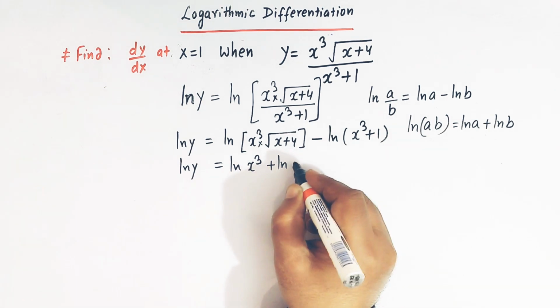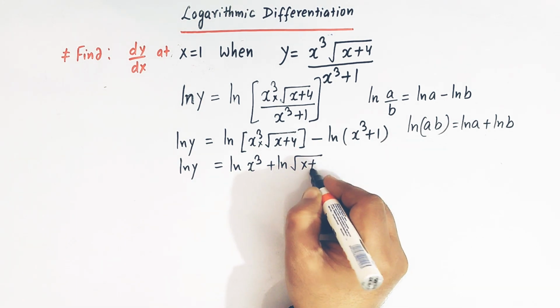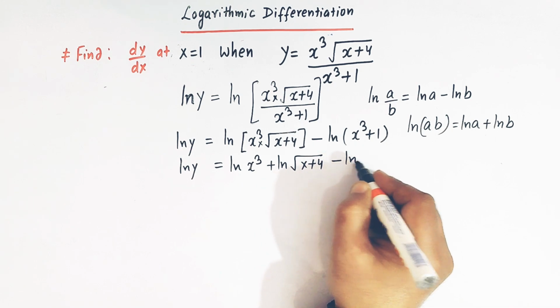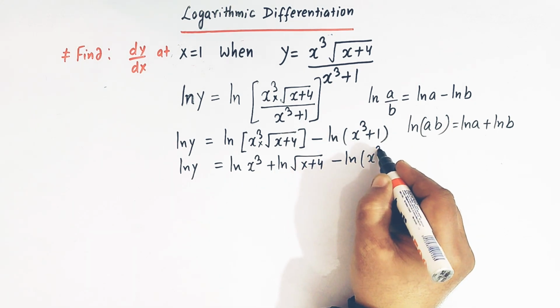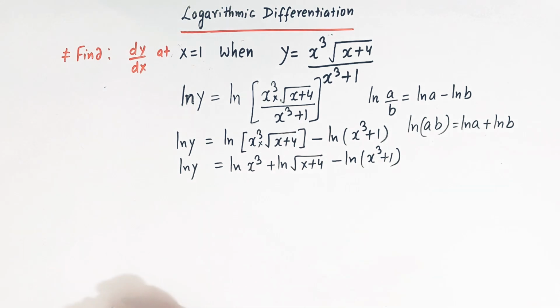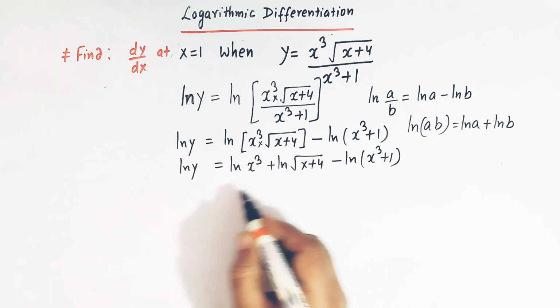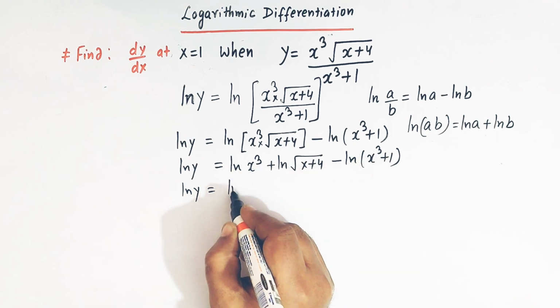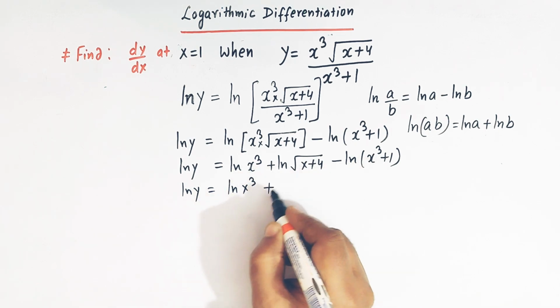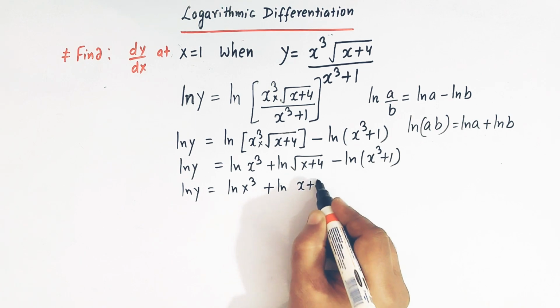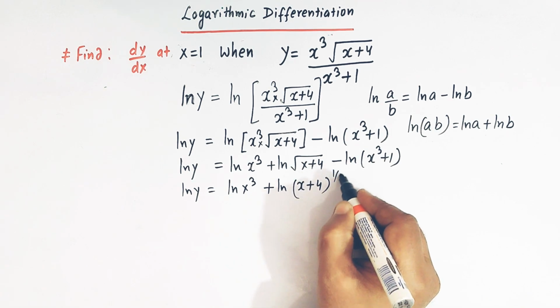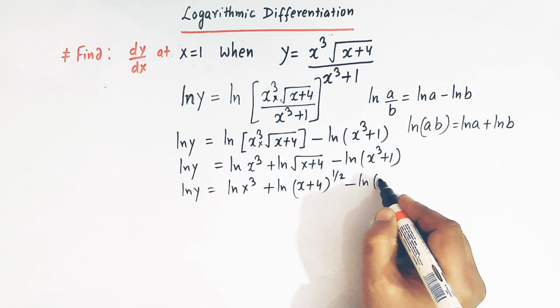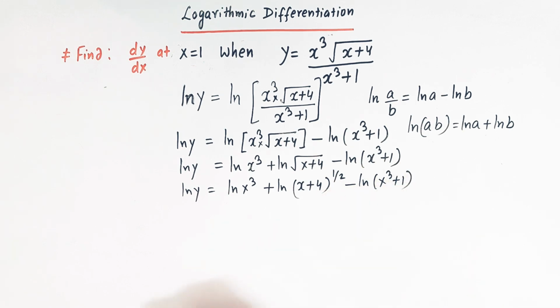So we have log of square root of x plus 4 minus log of x cube plus 1, right? Okay, now we can write these terms as log of x cube, log of x plus 4 raised to half, and log of x cube plus 1.